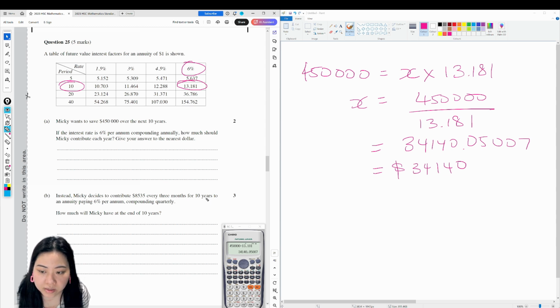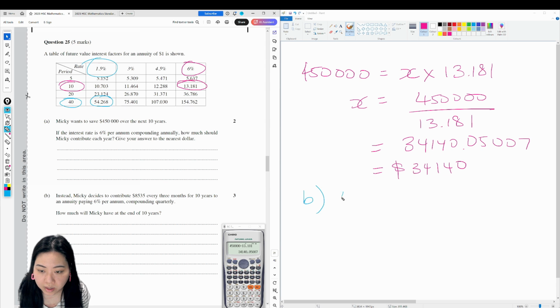For 10 years, compounding quarterly means it's going to be 40 periods. And the interest is now going to be 1.5%. That's what we're looking at. How much is he going to get?